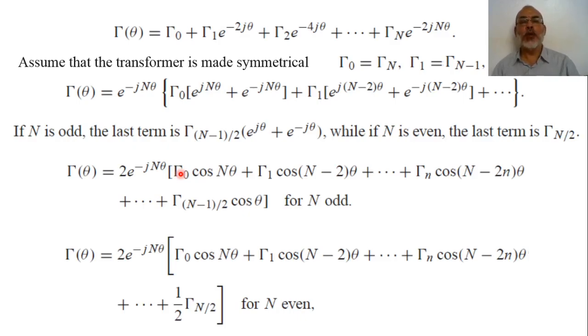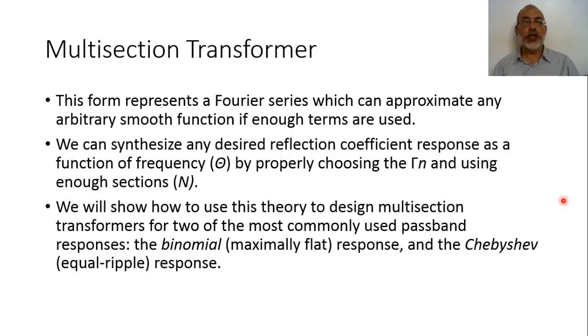And by using the appropriate coefficients, we can design the behavior of the reflection coefficient in the form of the function that we need. So by using this representation, we can design the reflection coefficient as a function of theta, or in other words, as a function of frequency as we need, by tailoring the coefficients gamma naught, gamma 1, gamma n. Alright? That's what we are seeing.